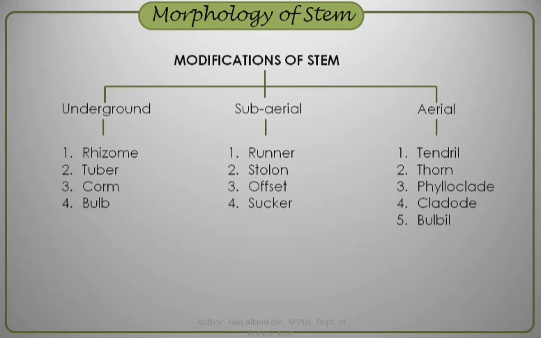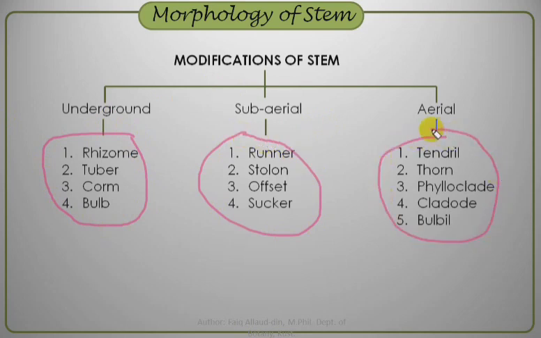The course is morphology. The topic is modification of stem. Now, first of all, we should know that a stem can be modified into several types of forms to perform several types of specific functions.